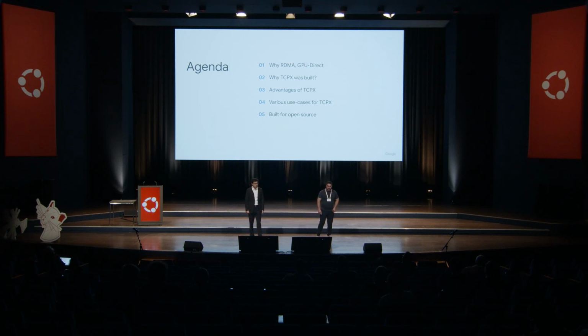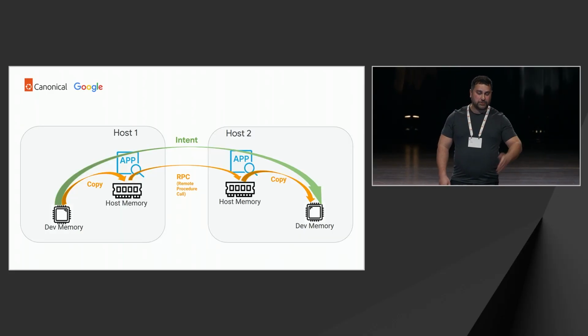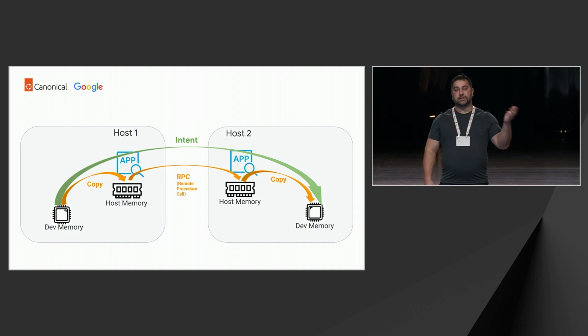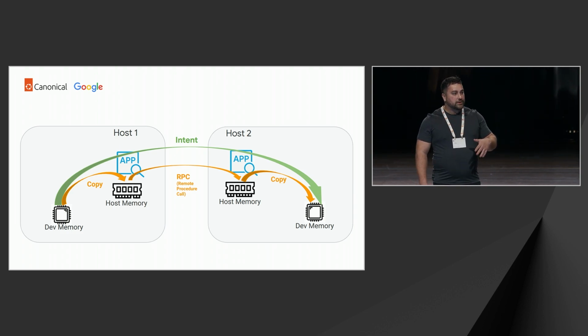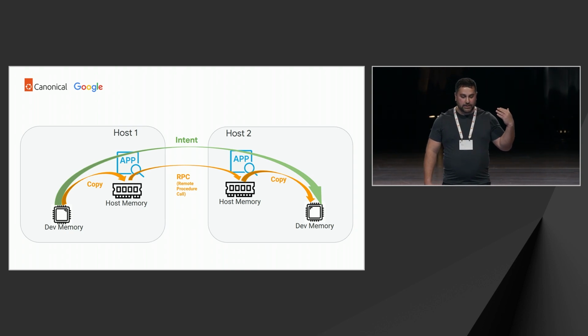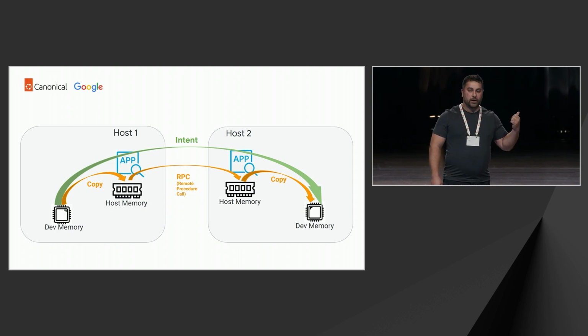But let's go into explaining why we need RDMA in the first place and what is happening when a host is talking to another host, specifically in terms of AI/ML workloads. In this picture, there is a green line showing the intent of communication. In very basic terms, we have a device memory, which could be any device.